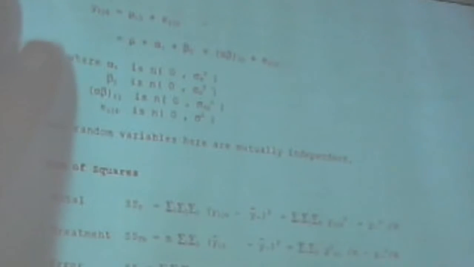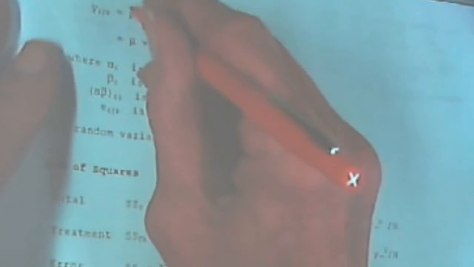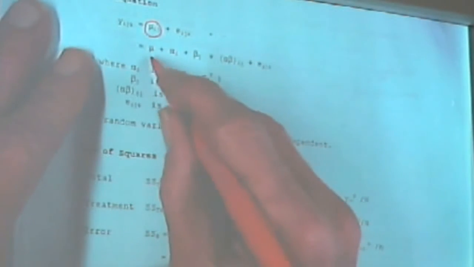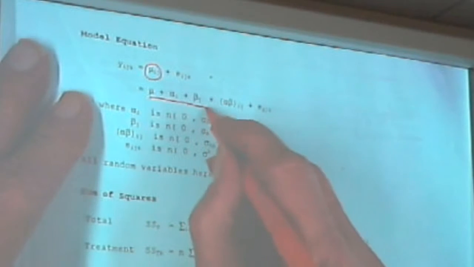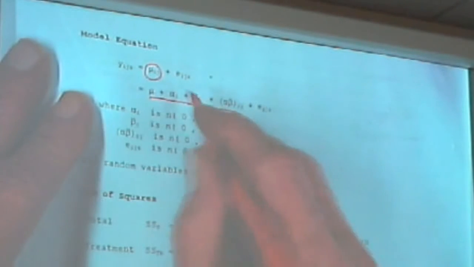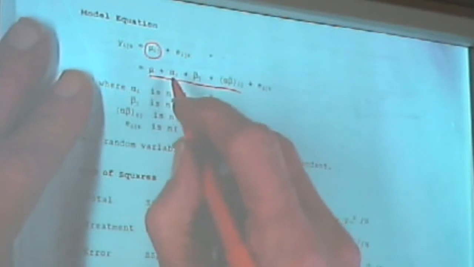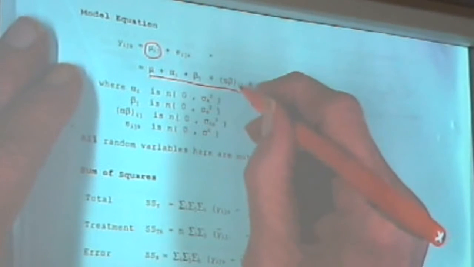Now we're going to look at a model equation for this type of problem. And there you see it written in this form. The mean in the ij cell is called mu ij. But that is broken down into component parts this way, where we now talk about an overall mean mu, a row effect alpha i, a column effect beta j, and an interaction effect alpha beta ij.